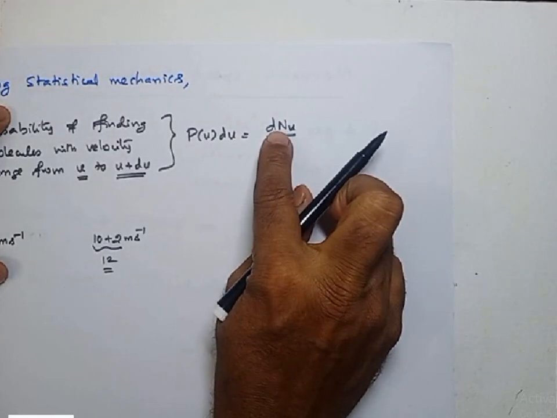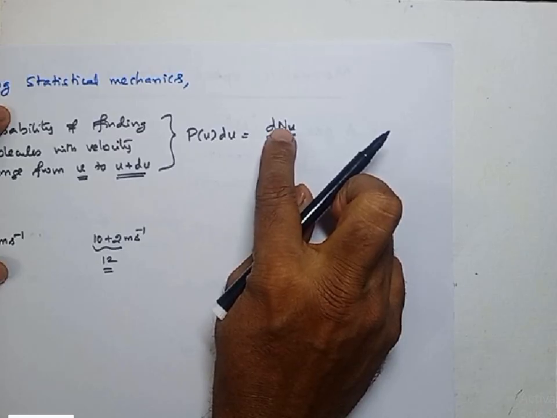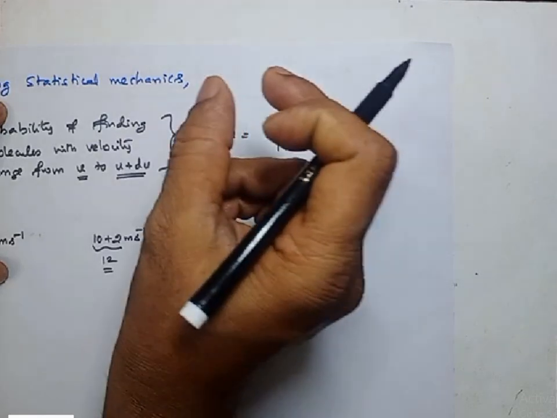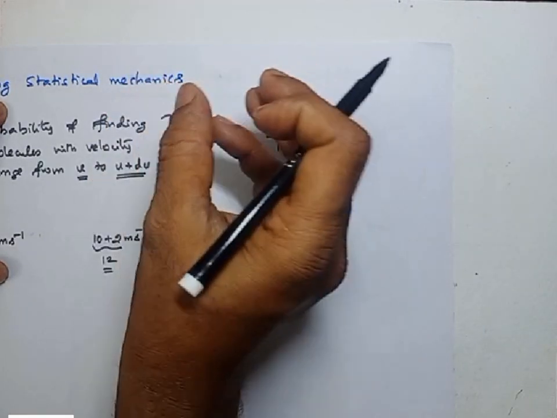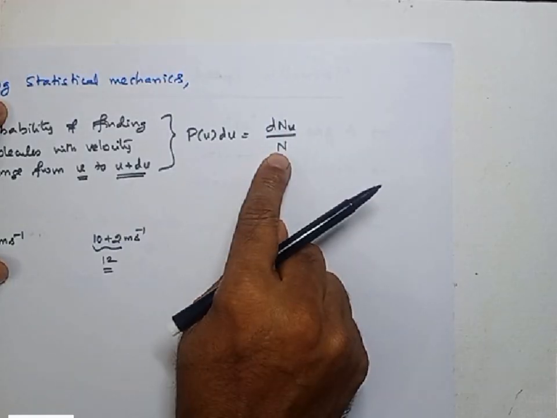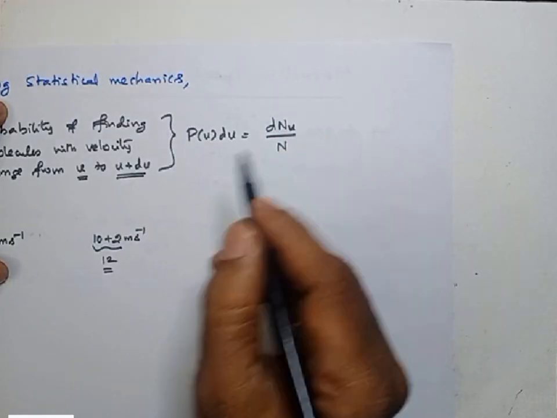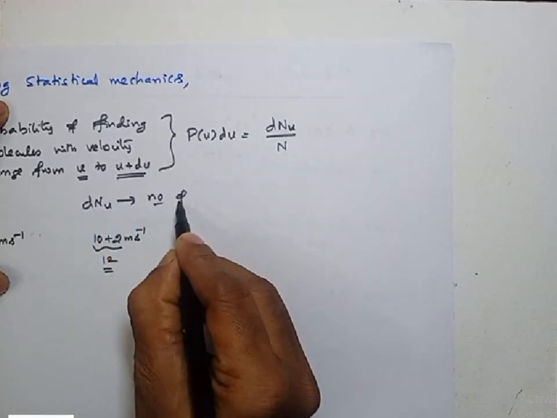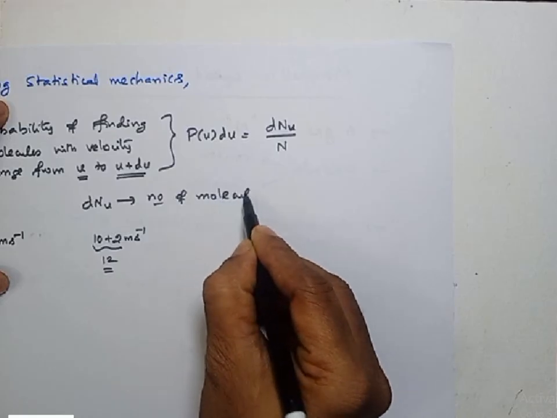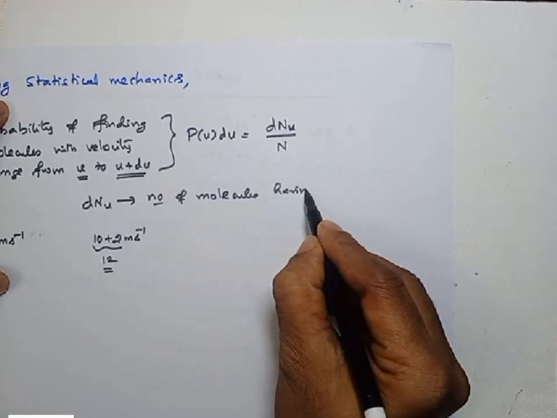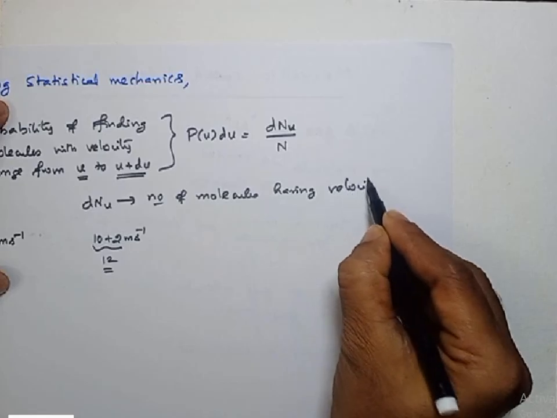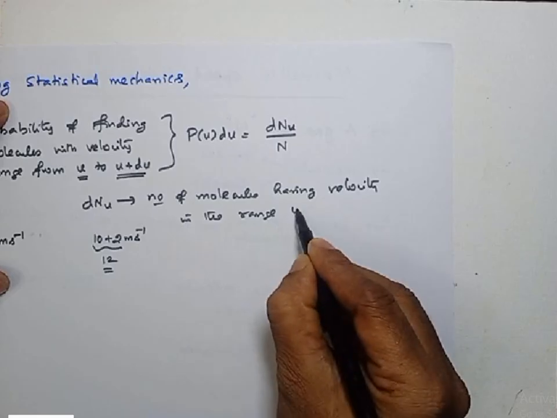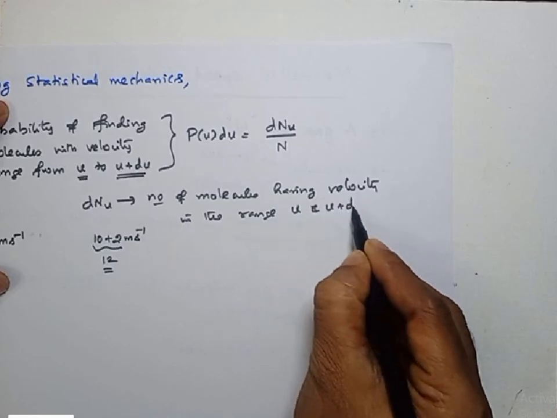It is the number of molecules having velocity in the range u and u plus du.